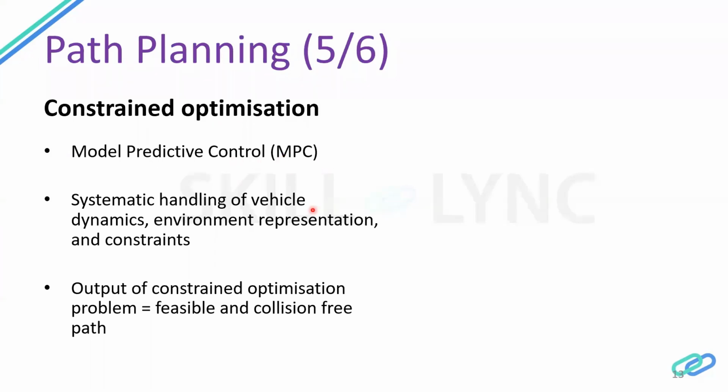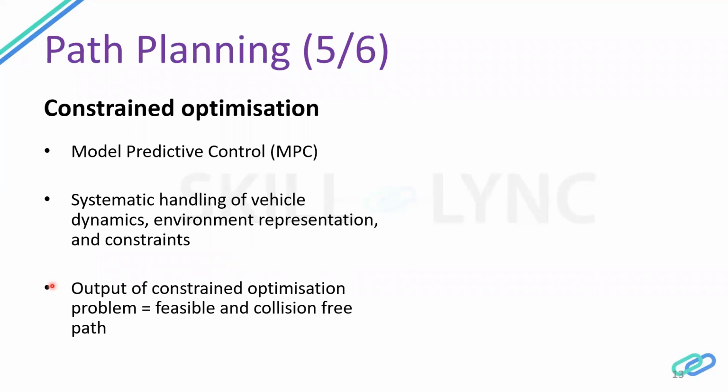The advantageous thing about this technique is you can have a systematic way of handling the dynamics of the vehicle. You can mathematically describe the environment around you. You can describe collision avoidance constraints. And then the optimization considers all of these things within a mathematical framework to come up with the path.